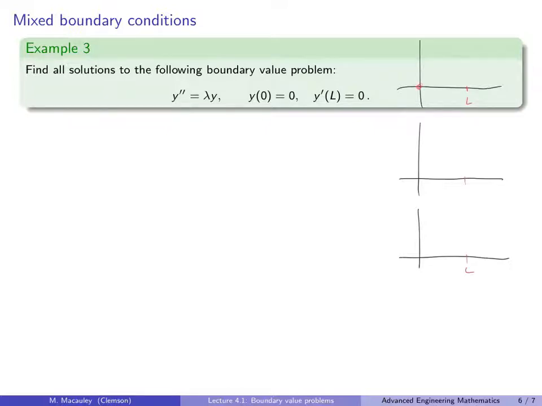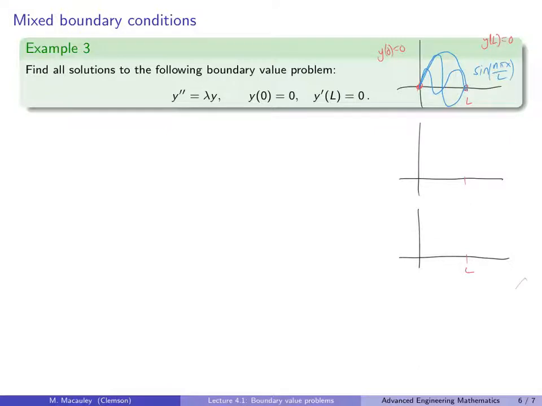The first example we specified, we said y of 0 equals 0, and y of L equals 0. So that said that we had to have a sine wave, things like this. So these are all sine of n pi x over L, some scalar.